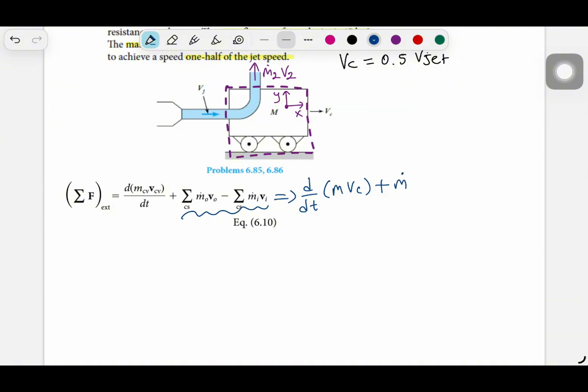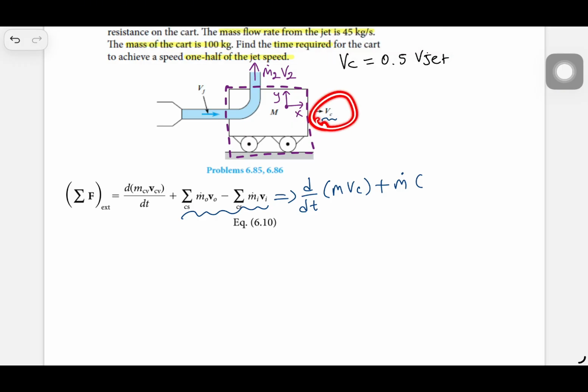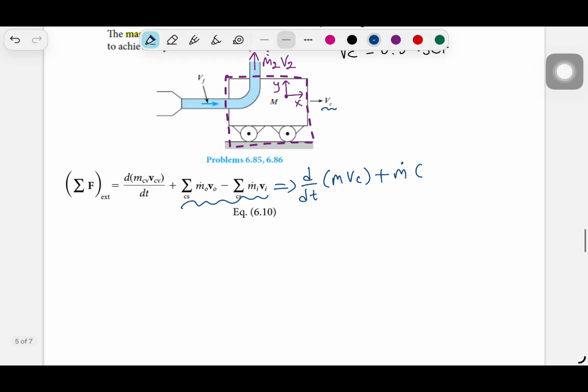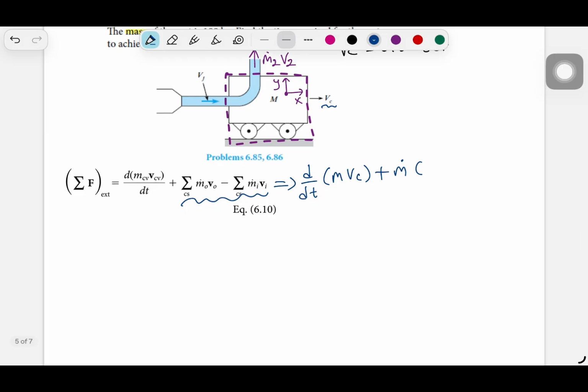So we have the mass flow rate, the out is the card velocity, and the in is the velocity of the jet. So we can say Vc minus Vj.